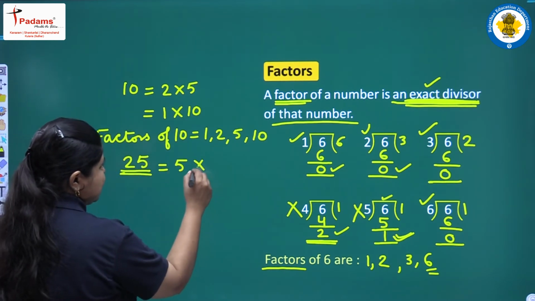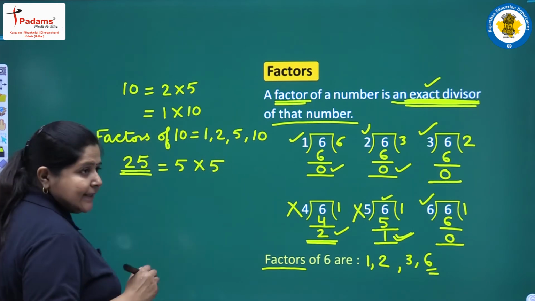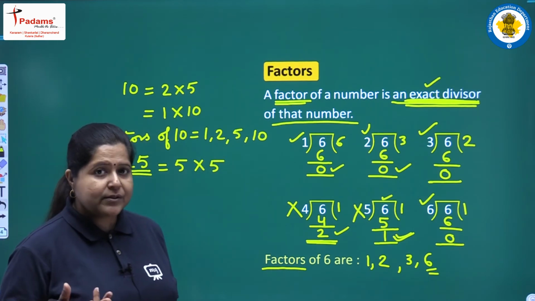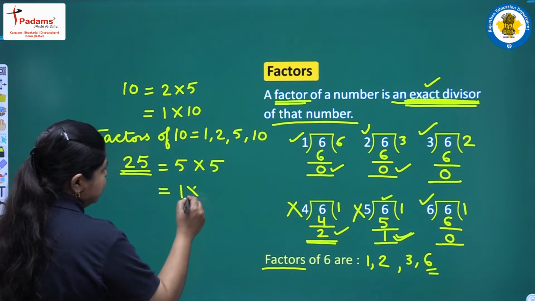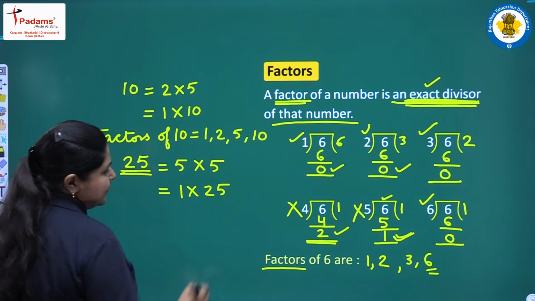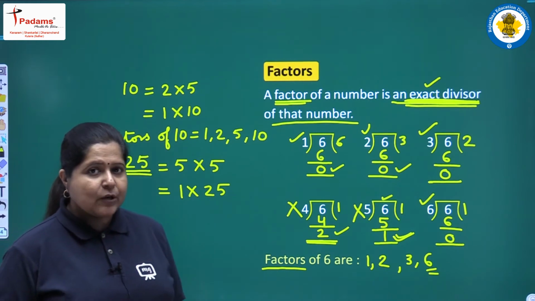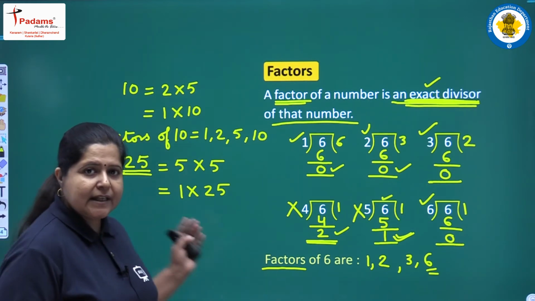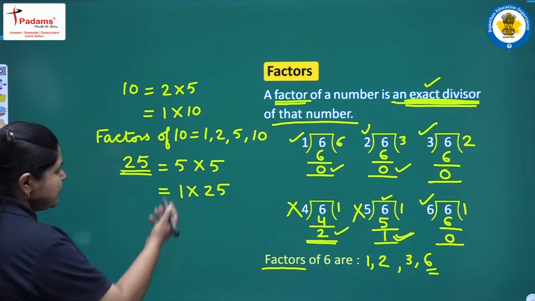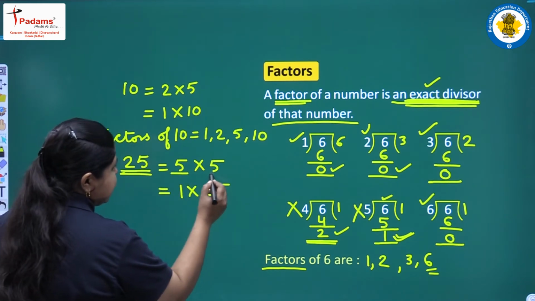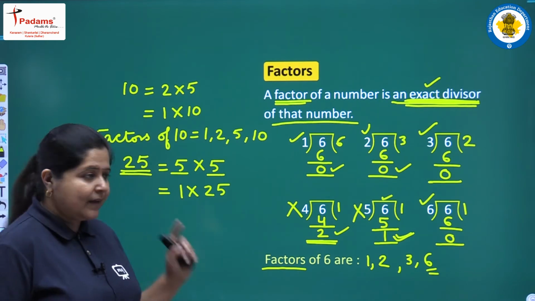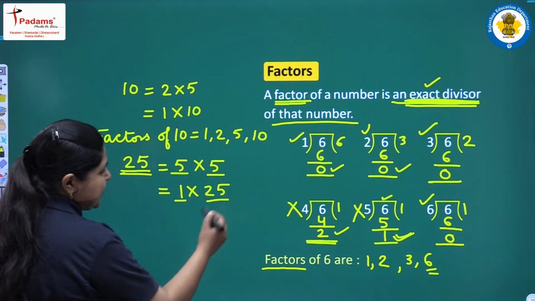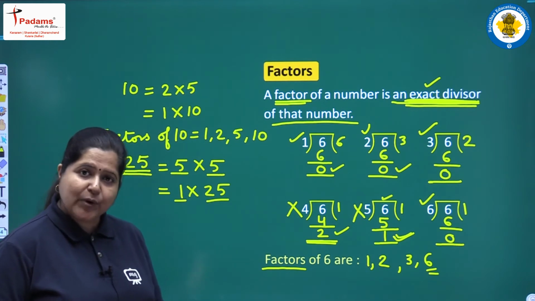5 5s is 25. Do we get this 25 in some other way also? Obviously, when we multiply it by 1, we will get again 25. Is there any other possibility also? No, these are the two possibilities. So from this we see that these are the smaller numbers which on multiplying give us 25, and again these two are the numbers which on multiplying give us 25.